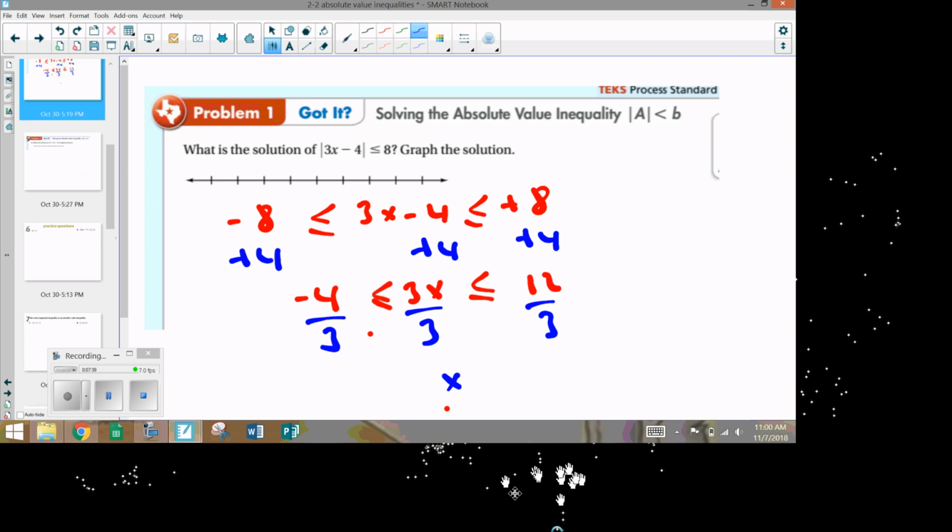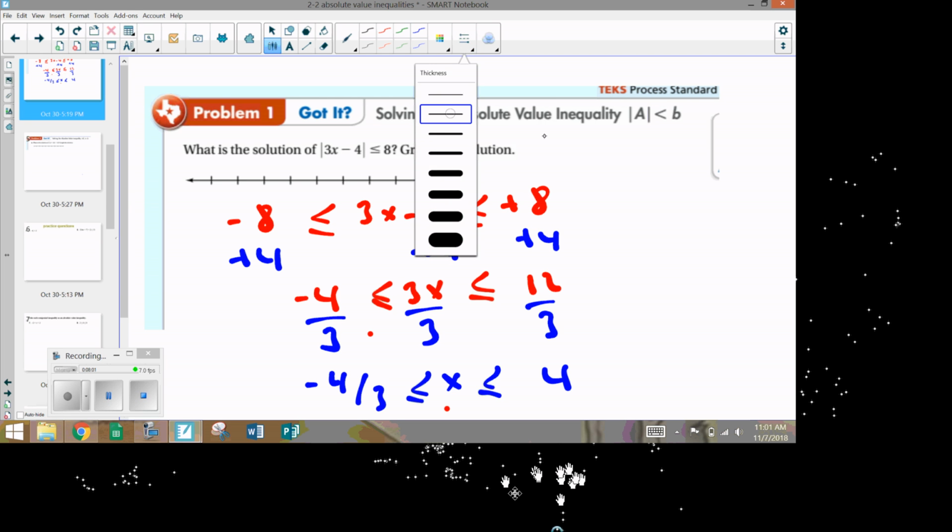As you guys did, many of you solved this question. I saw it. I have checked your work. And negative 4 over 3. So negative 4 over 3 is more than negative 1, right? 1 point something. So if I choose this one as 4, okay, this is 4, 3, 2, 1, 0, and negative 1 is here, right?